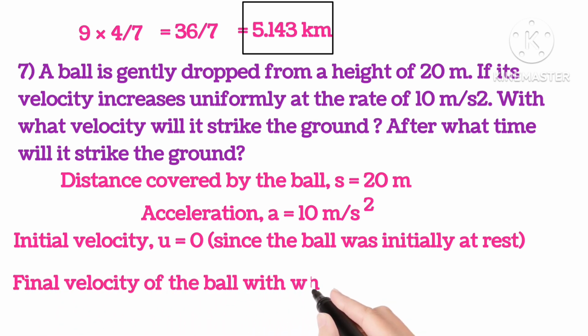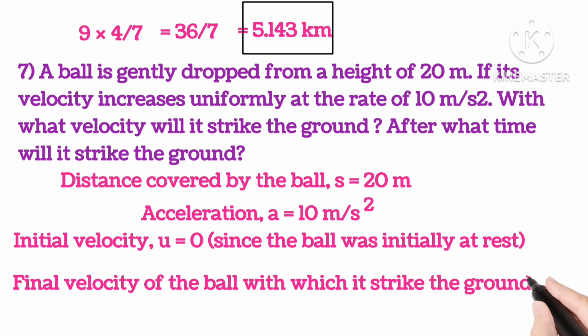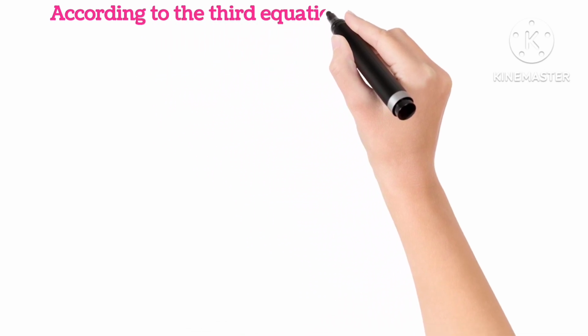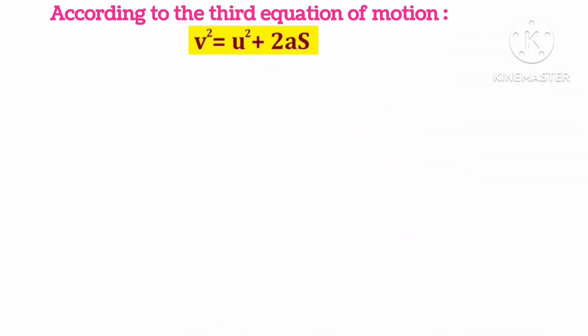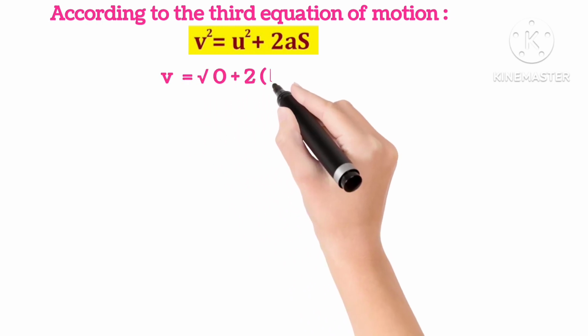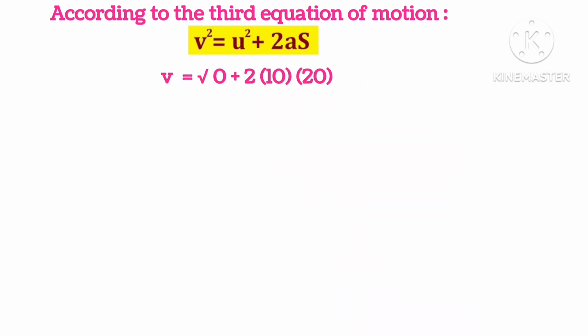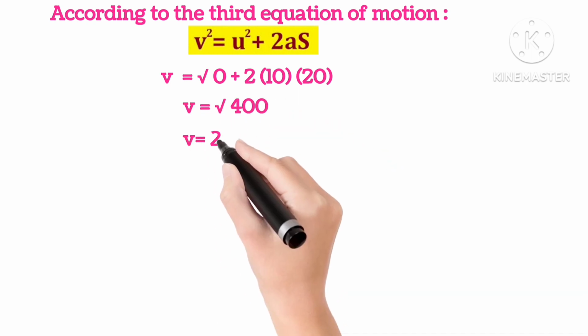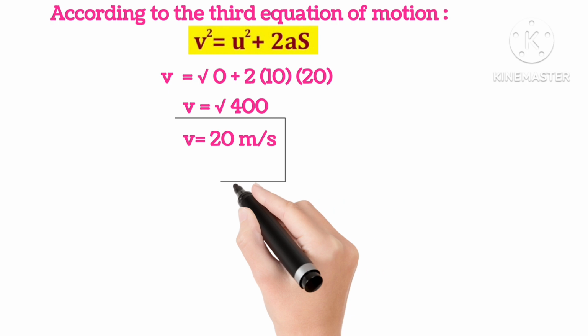Final velocity of the ball with which it strikes the ground will be V. According to the third equation of motion, V square is equal to U square plus 2AS. Putting all the values here, we get final speed is equal to under root 400, that is 20 meter per second.